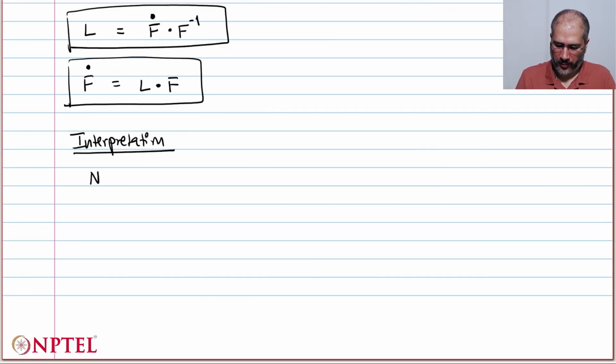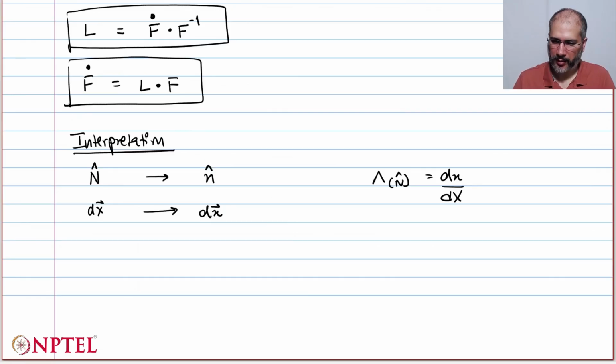So let us say we had a material fiber or a material element d capital X, which was in the direction of the capital N hat vector, and this got deformed to a d small x in the current configuration, and the vector corresponding to d small x in the spatial configuration is small n hat. So we had defined the stretch ratio lambda N hat as the ratio of the magnitude of d small x to the magnitude of d capital X.